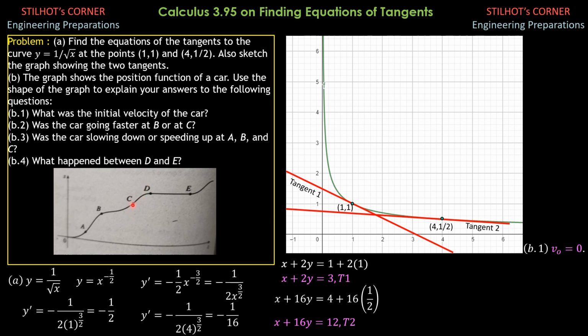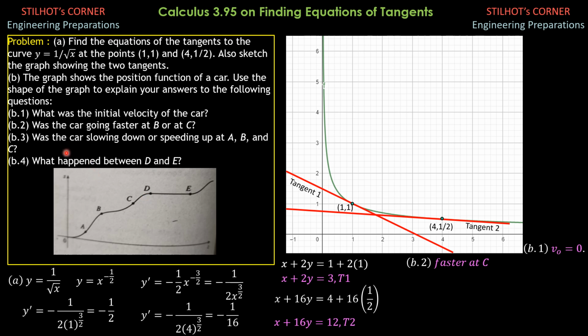That means that the magnitude of velocity at C is greater, because the slope is greater than the slope of the tangent at B. So therefore, the car is going faster at C. So that's our answer. Faster at point C. The car is moving faster at C. Explanation: the slope at B is less than the slope of the tangent at C.